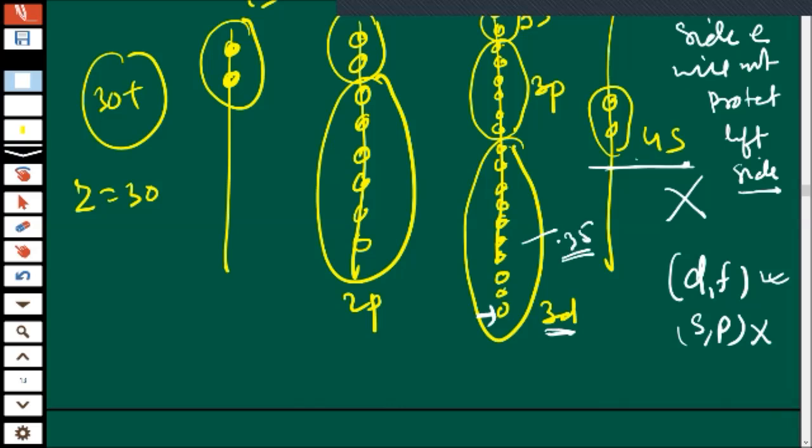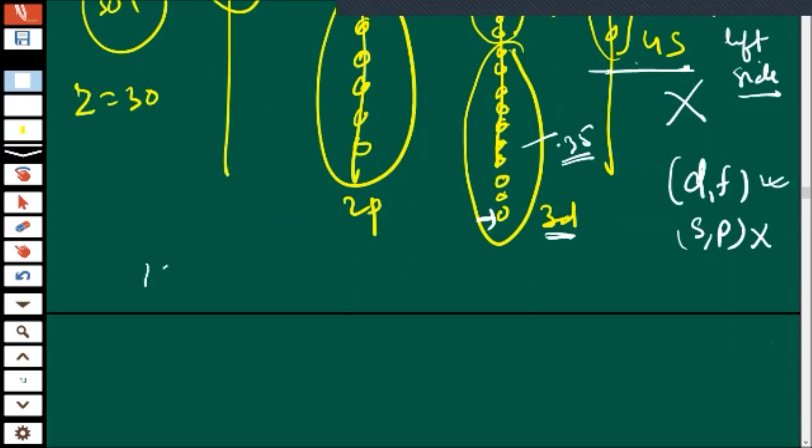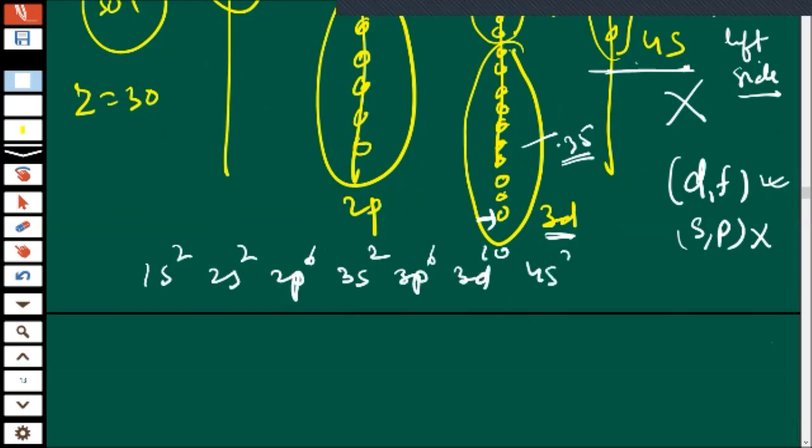Each one will contribute 0.35. Okay, in this 3d group. What was the group? Did you remember? 1s2, 2s2, 2p6, 3s2, 3p6, 3d10, and 4s2.